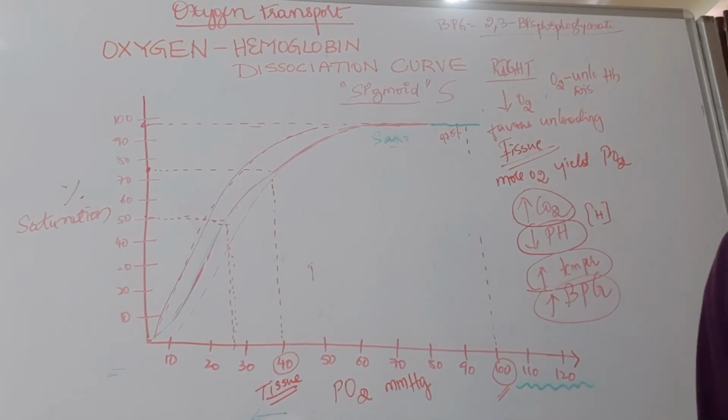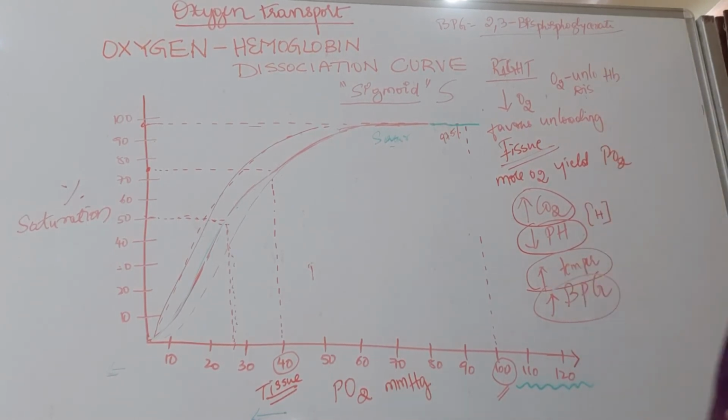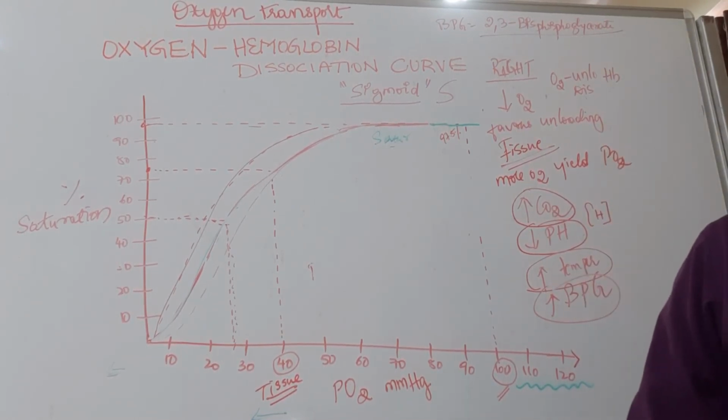It is an organic phosphate which will promote the release of oxygen from the hemoglobin. It is produced inside the RBC due to the shunt reaction of glycolysis. It attaches to the hemoglobin and unloads the oxygen molecule. So, it decreases the affinity of the hemoglobin to bind with oxygen.